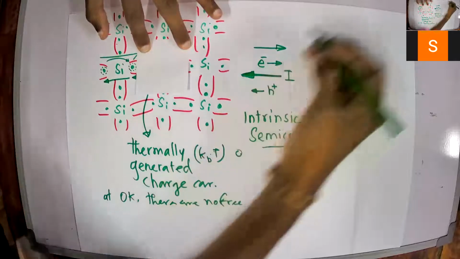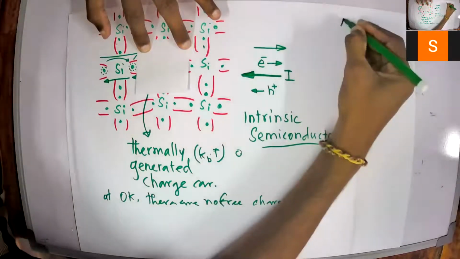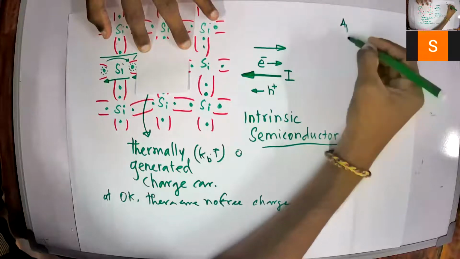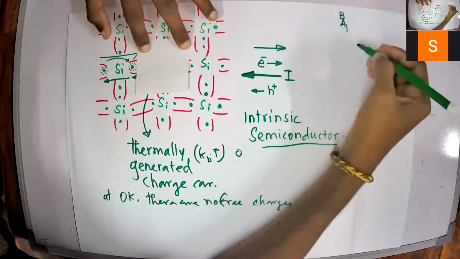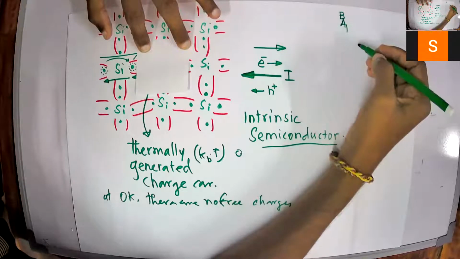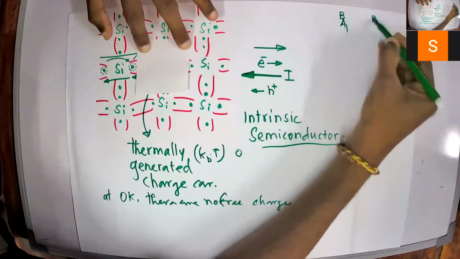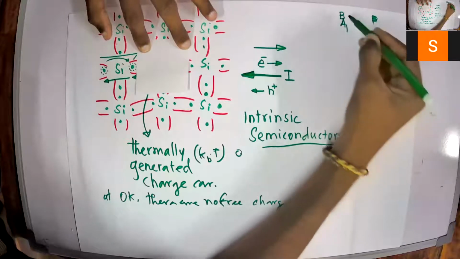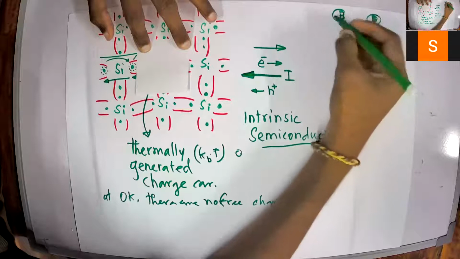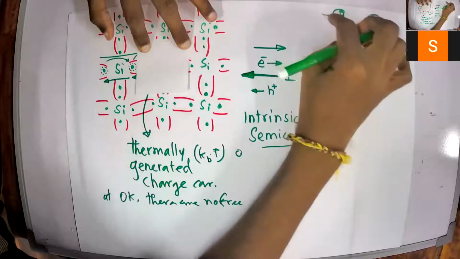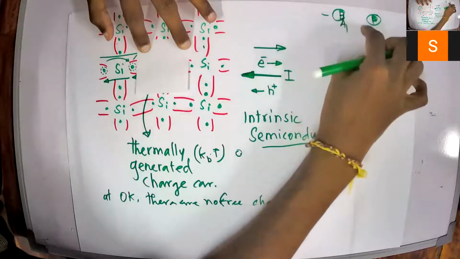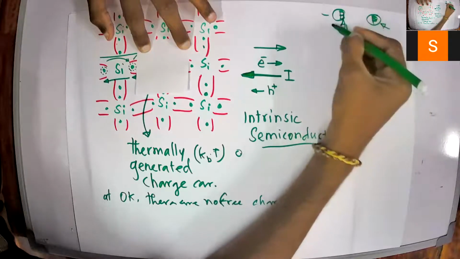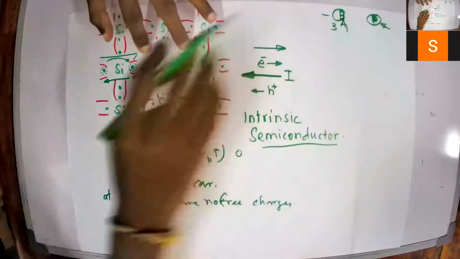For example, in the 3rd group we have boron and aluminium, and in the 5th group we have phosphorus. Consider boron and phosphorus: phosphorus is in the 5th group and boron is in the 3rd group.